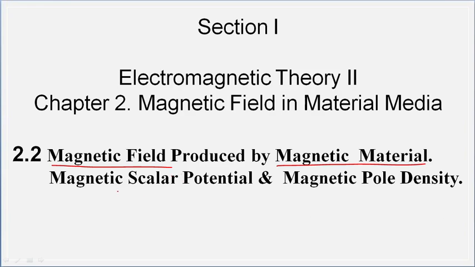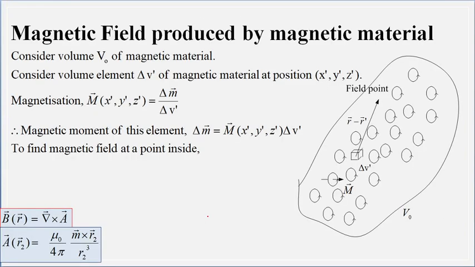Now, the magnetic field which we find here is of the magnetic material when it is magnetized, so it is of the magnetized substance. To find the magnetic field at any point, we will use the formula which we used in the first chapter: magnetic field is equal to the curl of the vector A. A is called the magnetic vector potential.